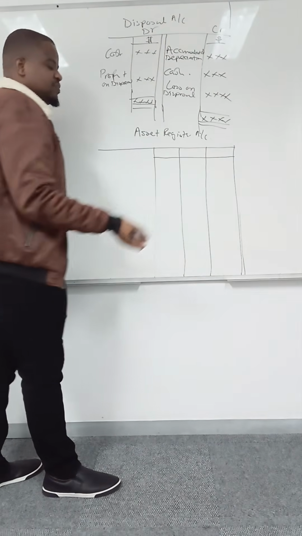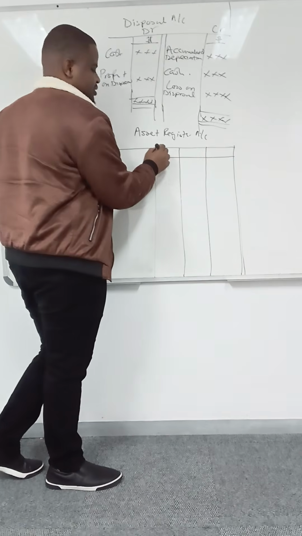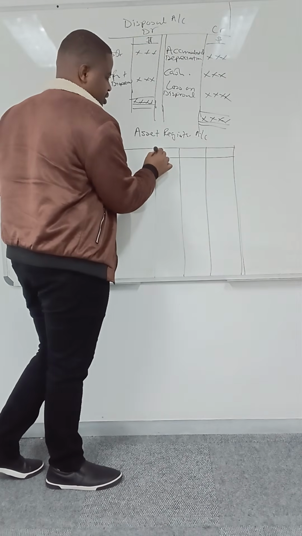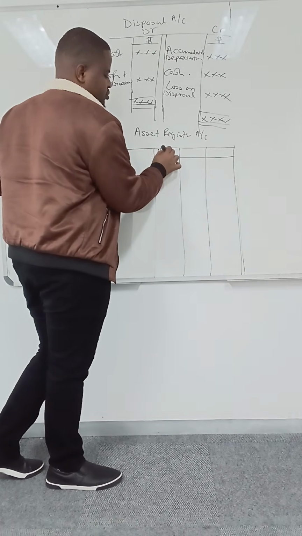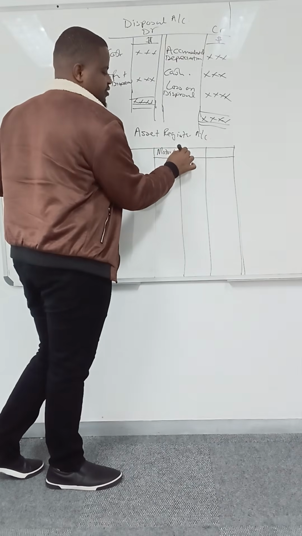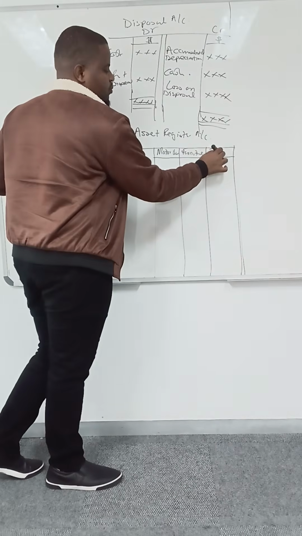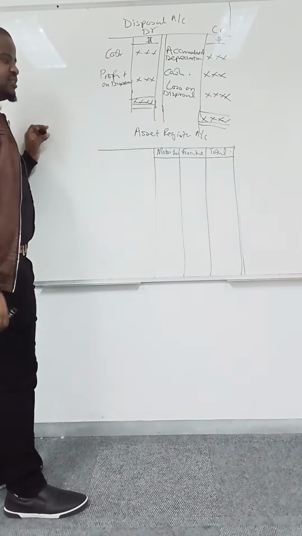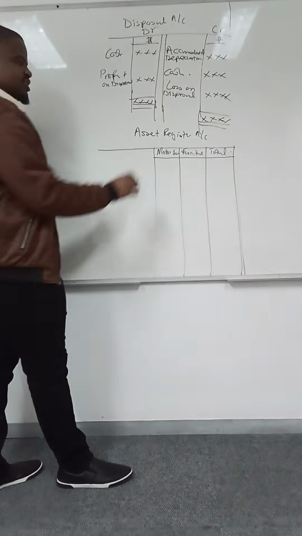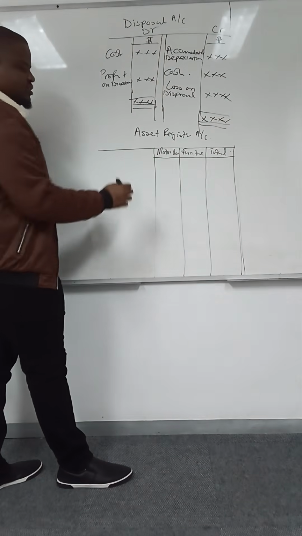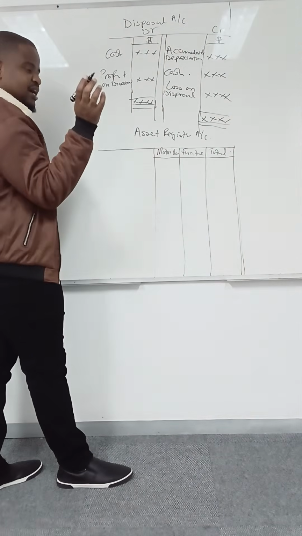Right. So for an example, let's say we have two assets, we have a motor van, then we have furniture, then a total. So this is how we do the asset register account. In the asset register account, we start to summarize the cost, the asset account here.